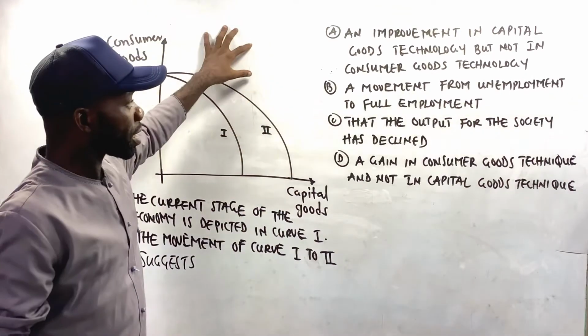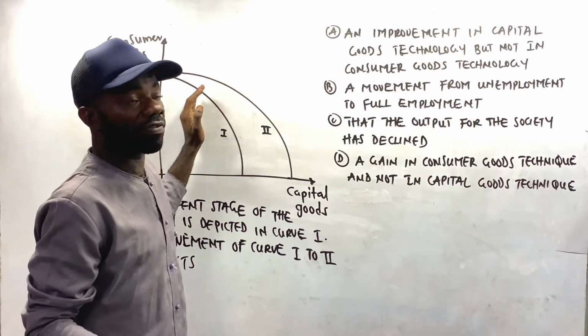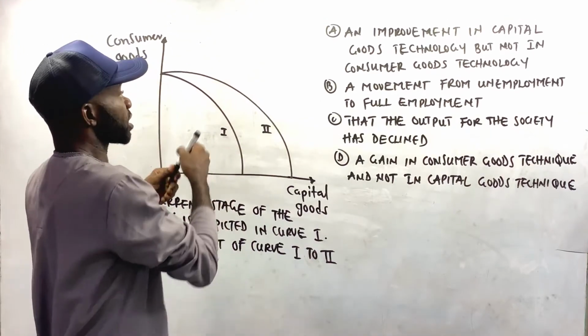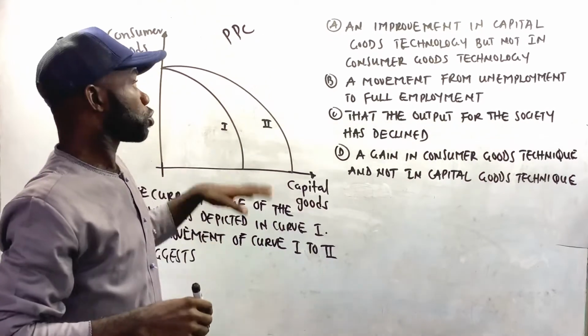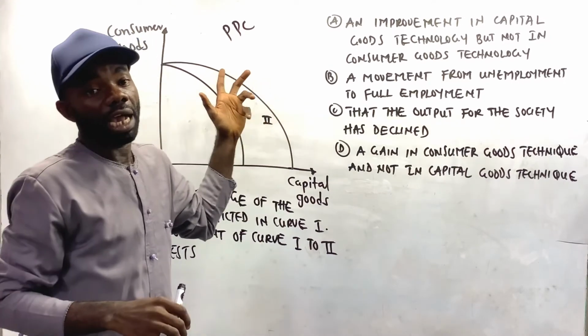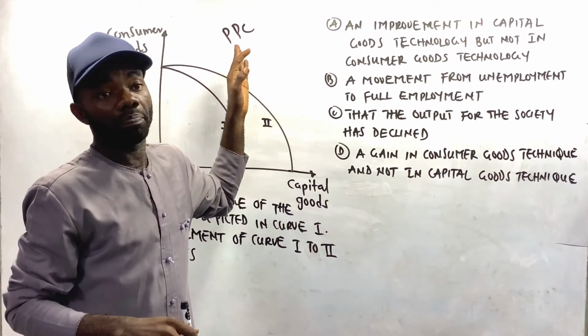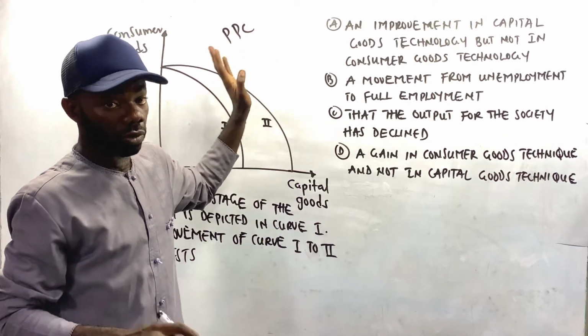Okay, now we're dealing with a question involving the diagram from the subtopic known as production possibility curve. Now, don't forget, it's PPC. If you don't see it as PPC in the exam, it can also appear as PPF, which is production possibility frontier. So take note.